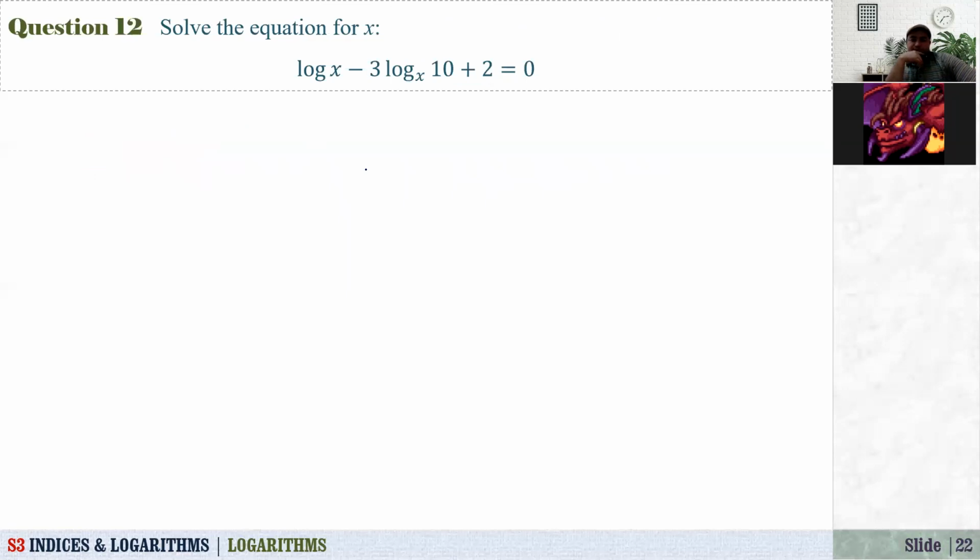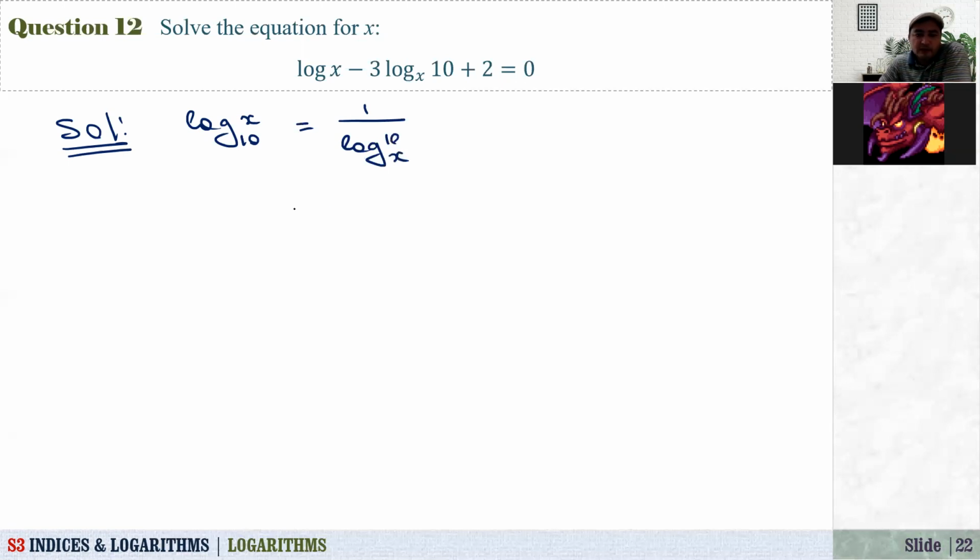And the last question: solve the equation for x, log x to the base 10 minus 3 times logarithm of 10 to the base x, plus 2 is equal to 0. One thing we have to know here is that log of x to the base 10 I can write as 1 over log 10 to the base x.